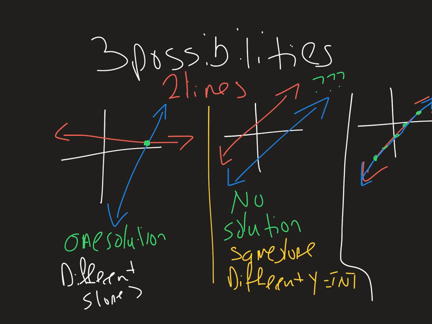If it's on one line, it's on the other line too, because they are the same line. So this would be an infinite number of solutions, and that happens when I have the same slope and the same y-intercept.